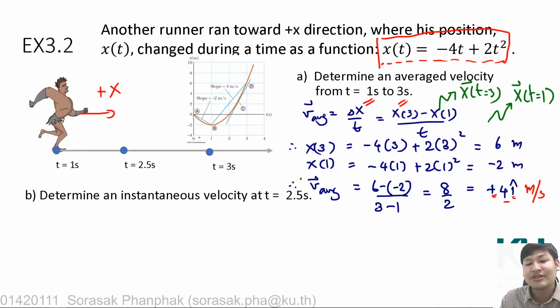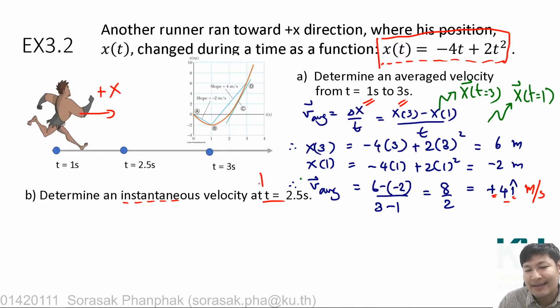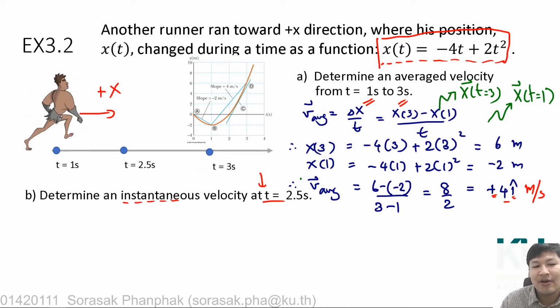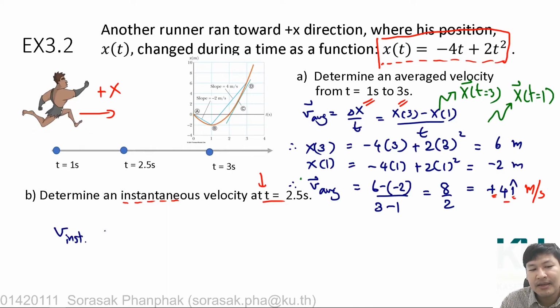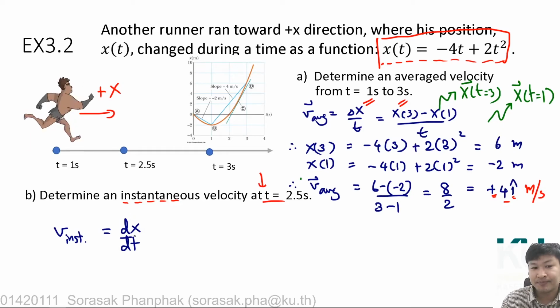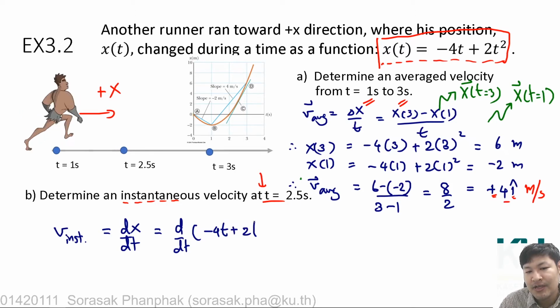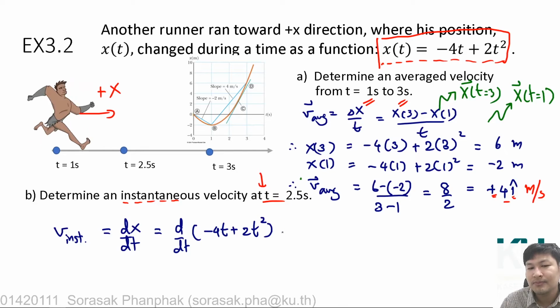But if you would like to determine the instantaneous velocity at this time point, how can you find it? The way to find v instantaneous is you differentiate the function of the position or displacement with respect to time. So now you differentiate x over t, you differentiate this equation, minus 4t plus 2t squared, right?